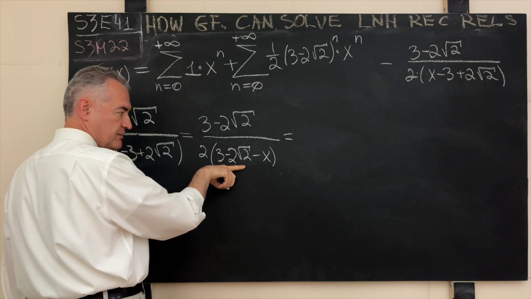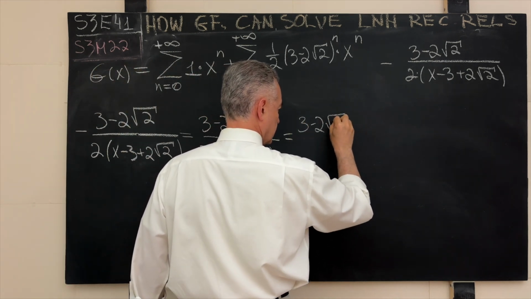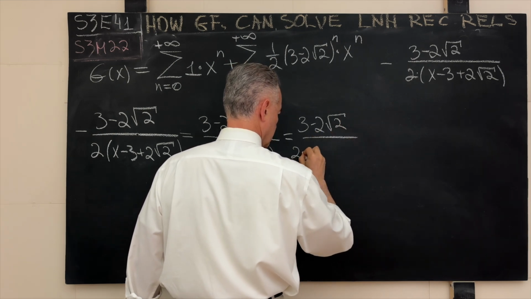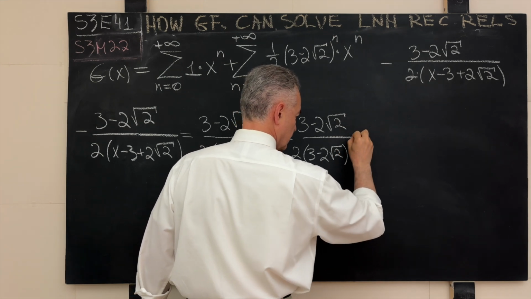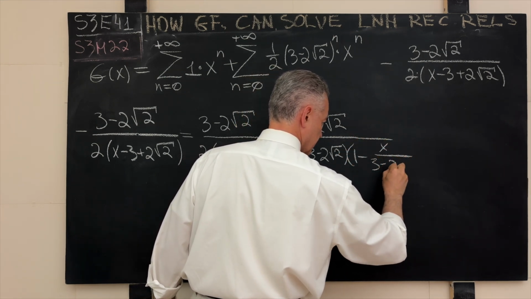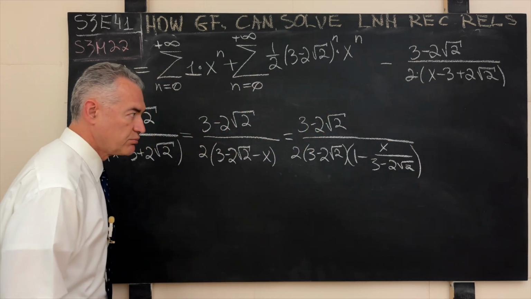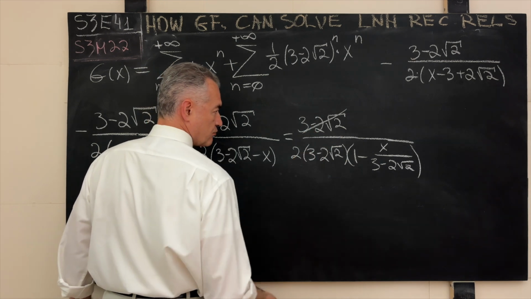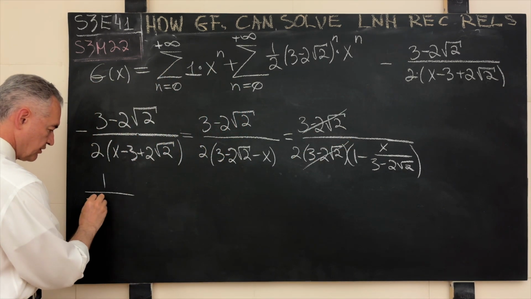Then again we factor out the second root, (3 minus 2 square roots of 2) over 2, times 1 minus x divided by (3 minus 2 square roots of 2). And we can be brave already. Cancel out root 2, cancel out root 2. And what is the reciprocal of this root?